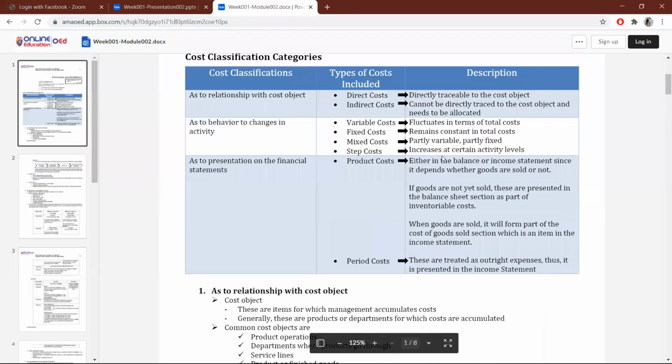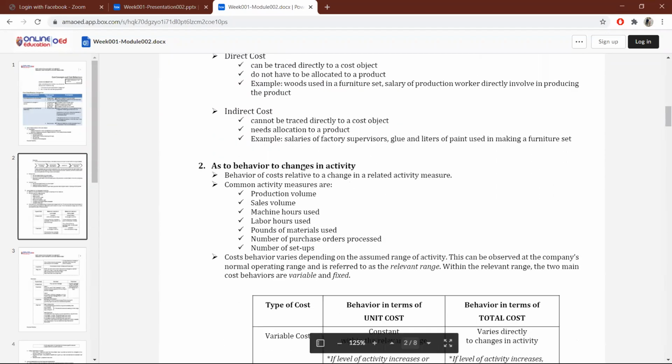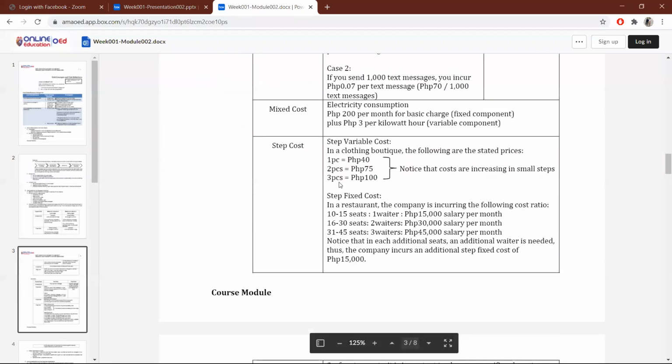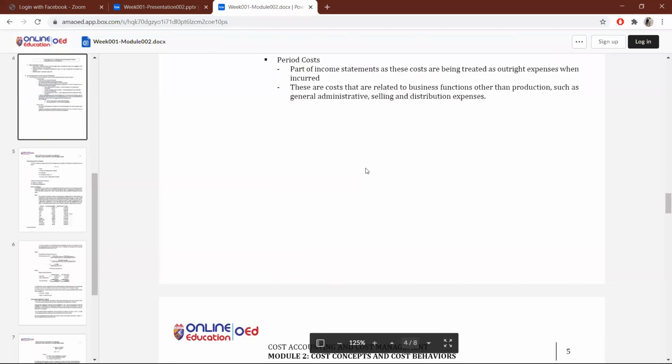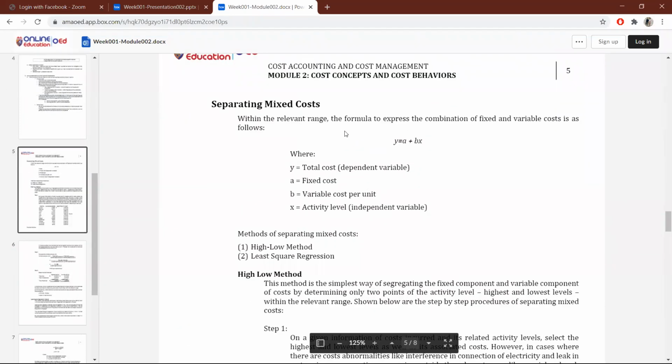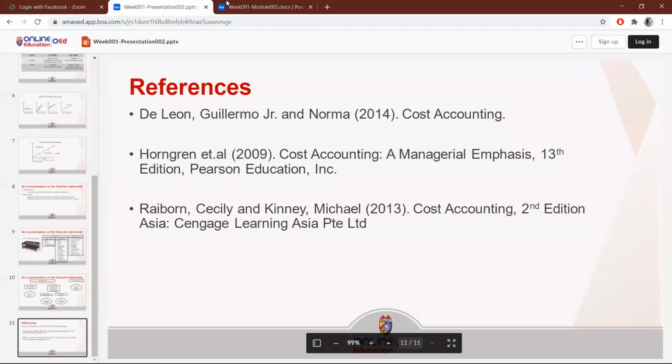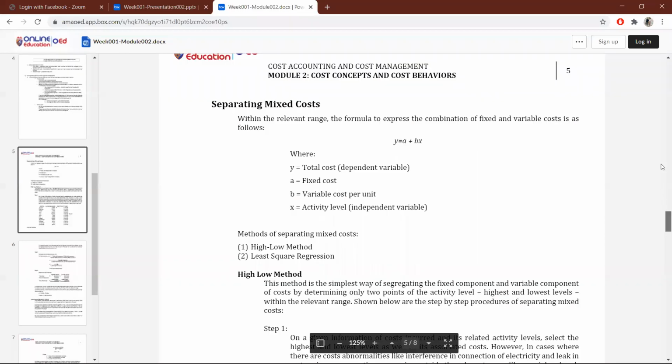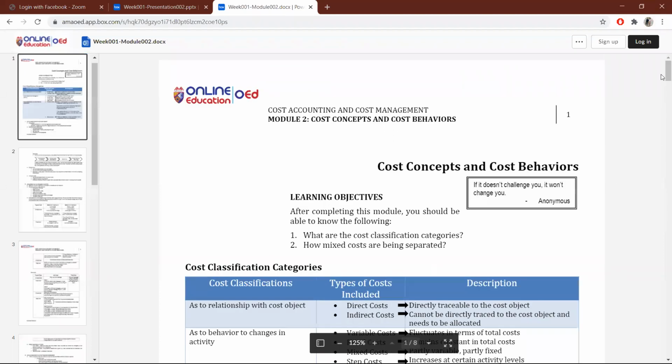Okay, so we are going to start next meeting with separating mixed cost. Number 5, page number 5 on your handout. I think you already have the access. You can read this material in advance so the discussion next meeting will be easier.